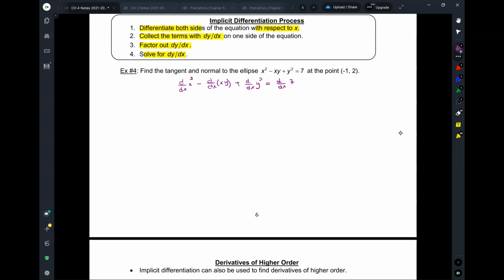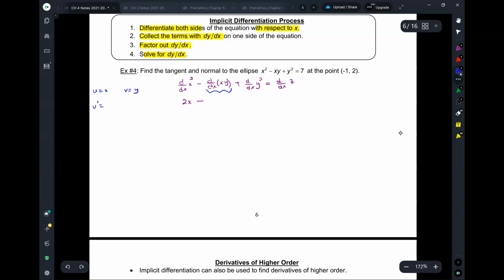So the derivative of x squared, that's just 2x. Okay, now minus this one. This one, we have to do it separately and then come back. We need the derivative of xy. That's a product rule. So u is going to be x, v is going to be y.